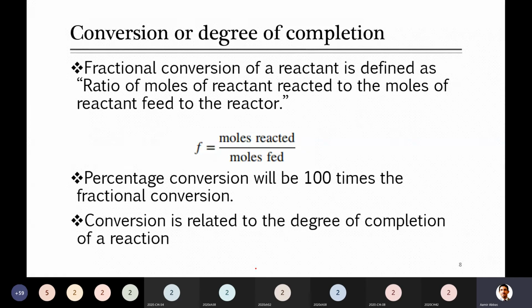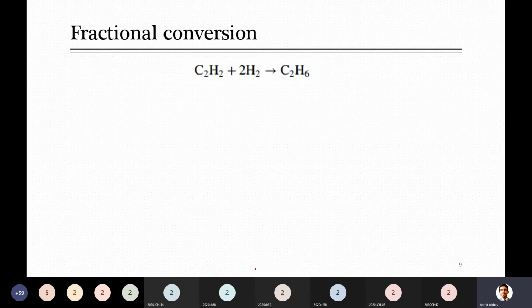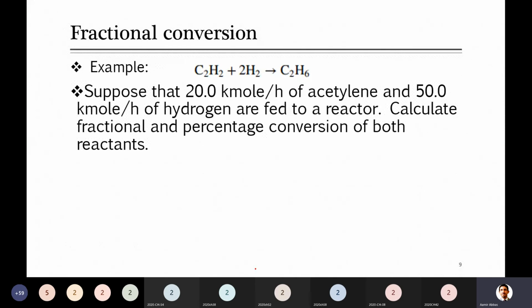But if some reactant is not completely converted, then that conversion will be less than 100. So look at this example again. That was acetylene plus hydrogen. They react with each other and produce C2H6. So in this reaction, you have to calculate fractional and percentage conversion. So what is your formula here?